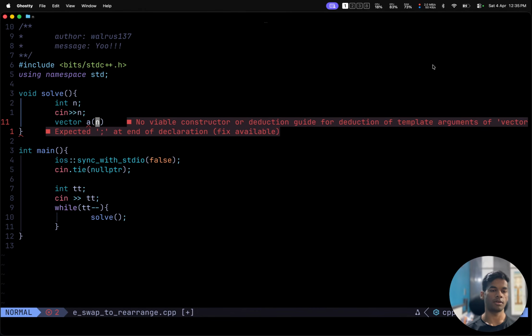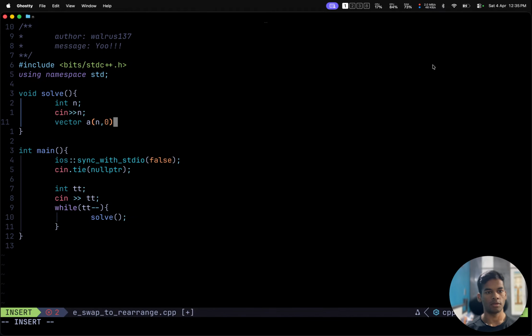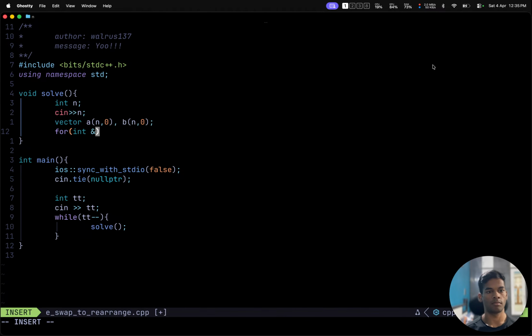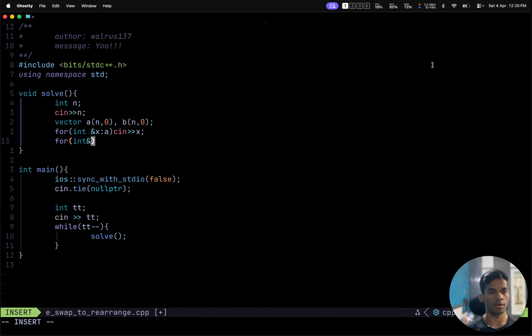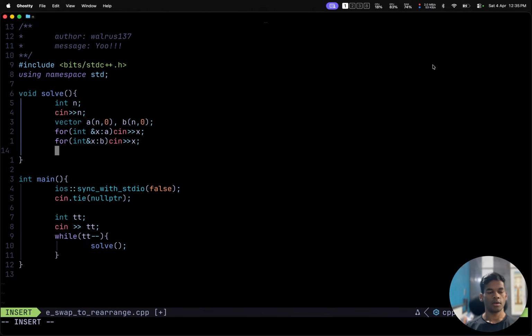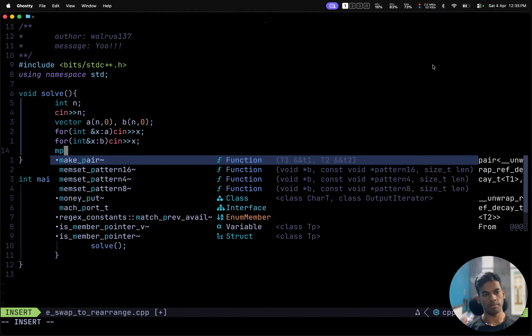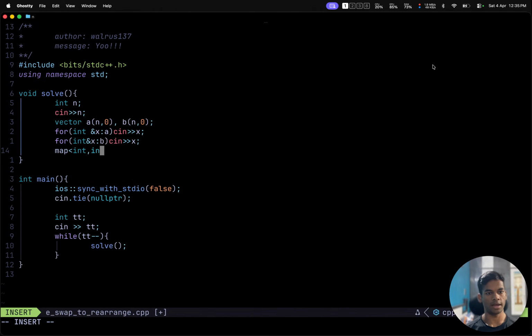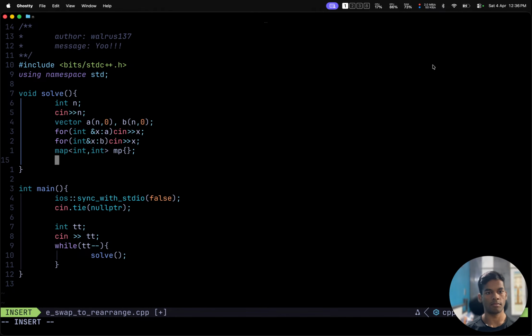A is also N, 0 and B N, 0. X and A X for int reference X, B, and map int MP initialized.